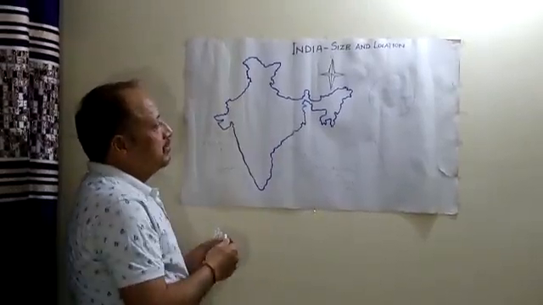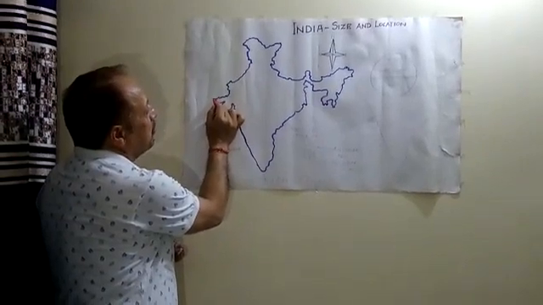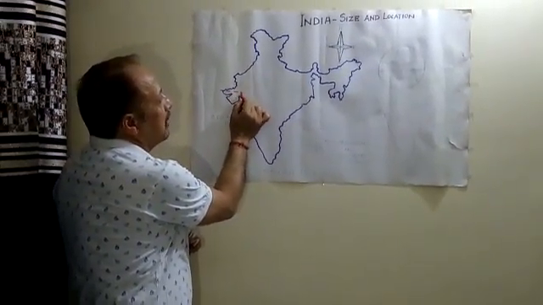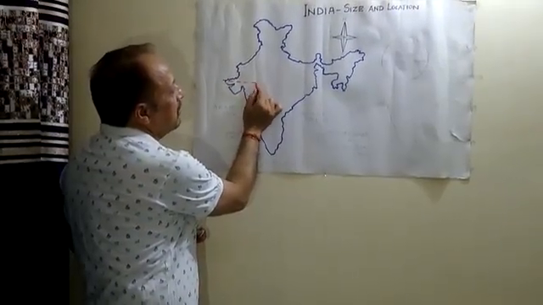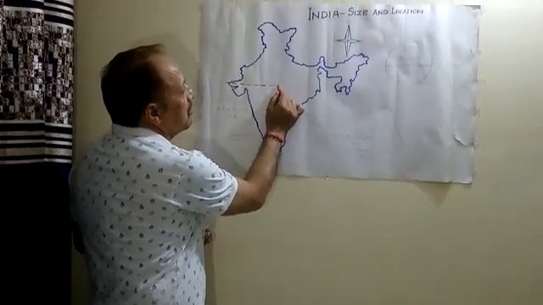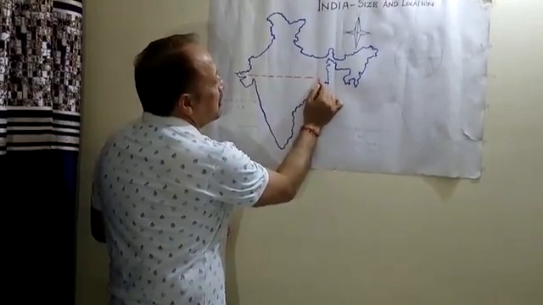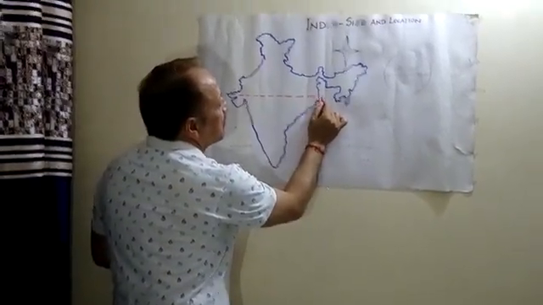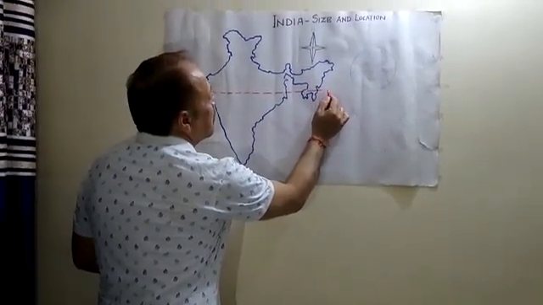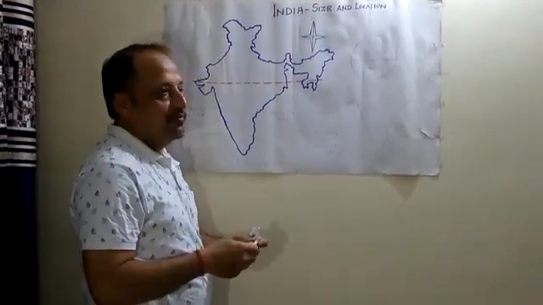As we know, India is divided by an important latitude, and that latitude, as I am marking here with a dotted line, if it is visible it will be good for you, is 23.5 degree east.